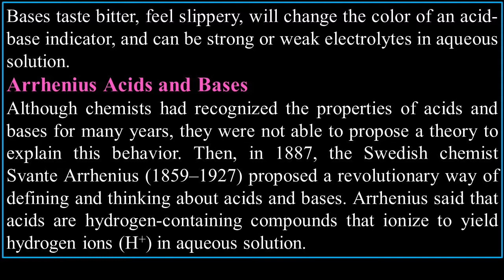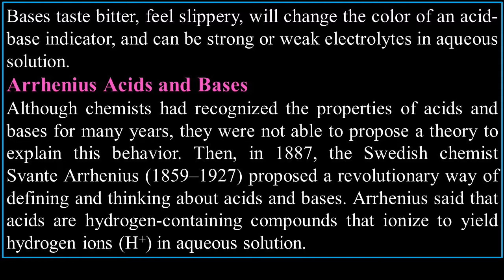Arrhenius acids and bases. Although chemists have recognized the properties of acids and bases for many years, they were not able to propose a theory to explain this behavior. Then, in 1887, the Swedish chemist Svante Arrhenius proposed a revolutionary way of defining and thinking about acids and bases.